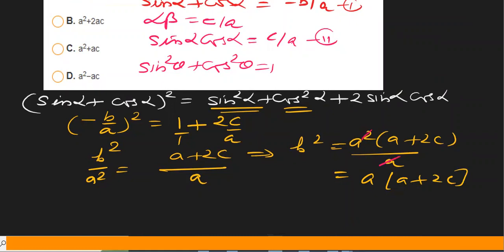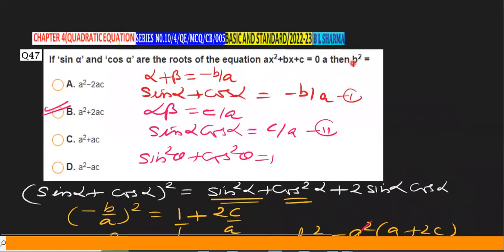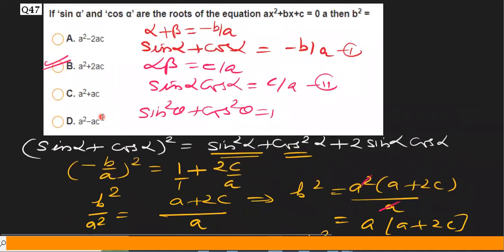So what is left is A square plus 2CA. So B square is equal to A square plus 2CA, so option B is the correct answer. B square will be equal to A square plus 2AC.